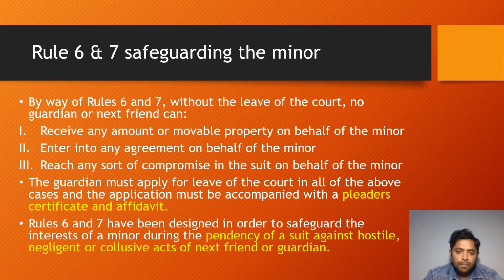The guardian must apply for leave of the court in all of these cases, and the application must be accompanied by a pleader's certificate and affidavit. Rules 6 and 7 have been designed to safeguard the interest of a minor during the pendency of a suit against hostile, negligent, or collusive acts of the next friend or guardian.